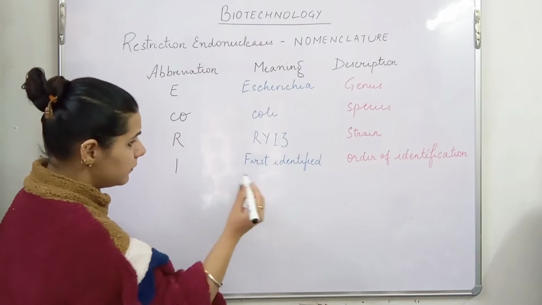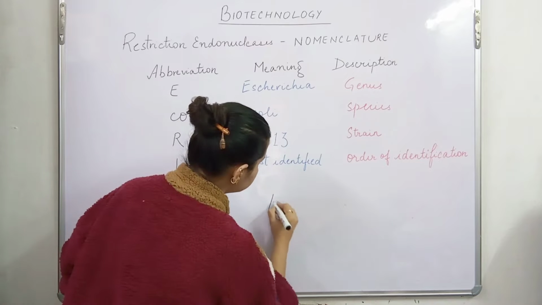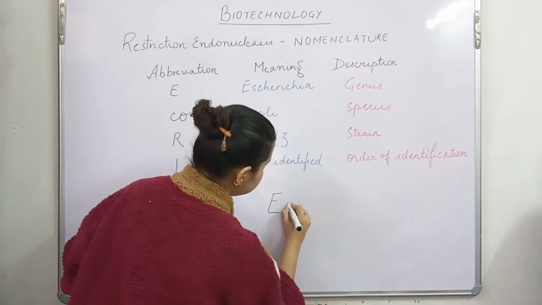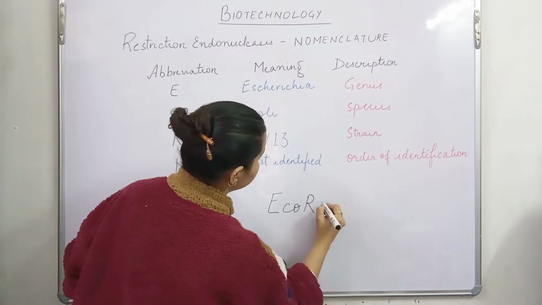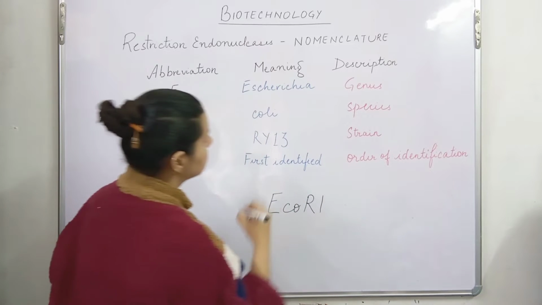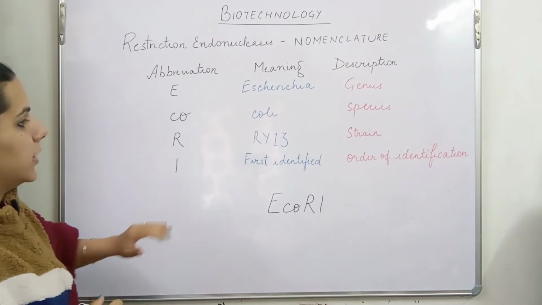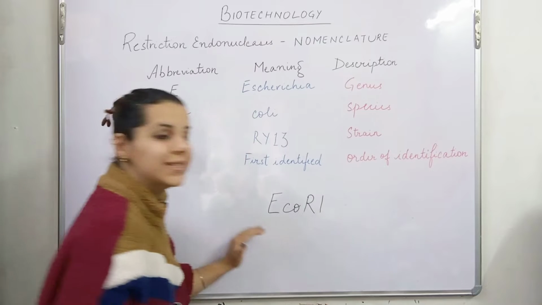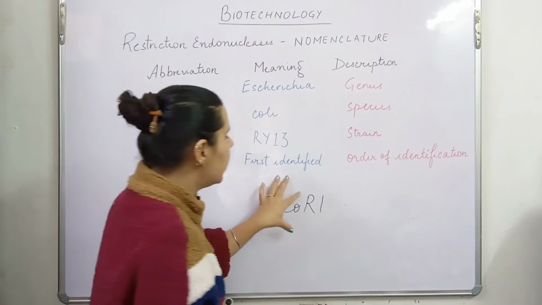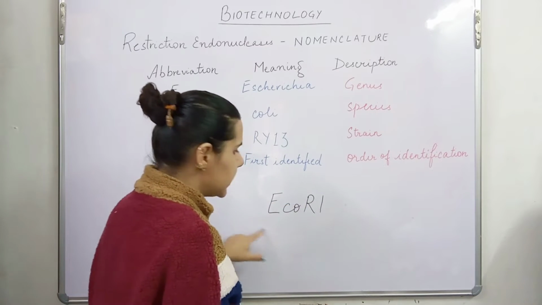Now we have a restriction endonuclease, that is EcoRI. So what does this EcoRI stand for? This EcoRI is written in italics.